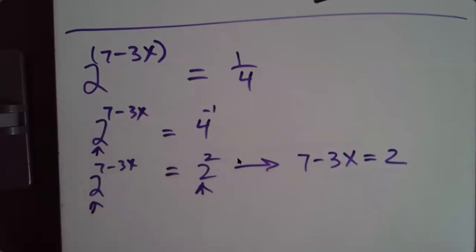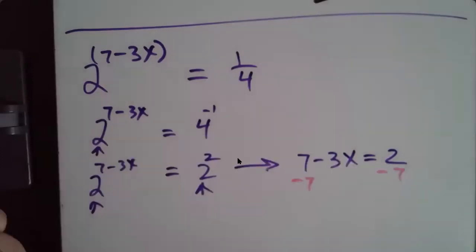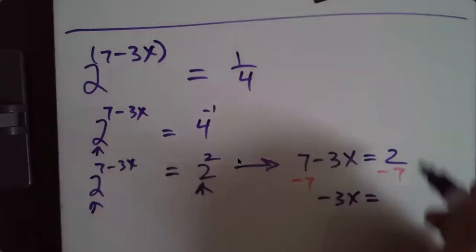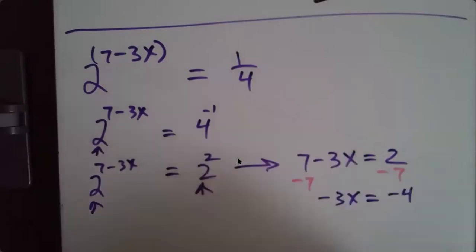So we have a positive 7, so we apply minus 7 to both sides. And we get a negative 3x equals, you got a positive 2, negative 7, you get a negative 4. And now we have a negative 3 times x, so we got to divide by negative 3.